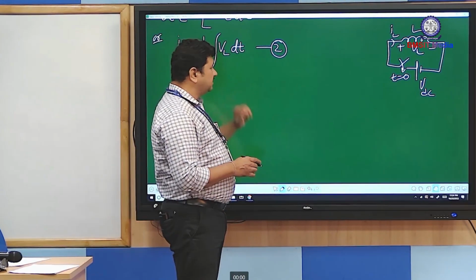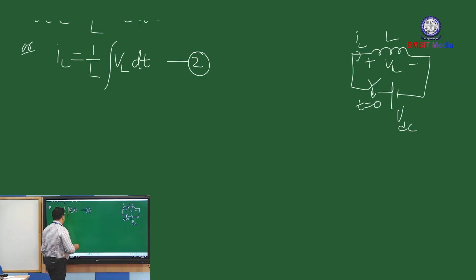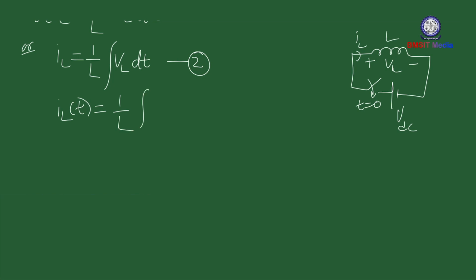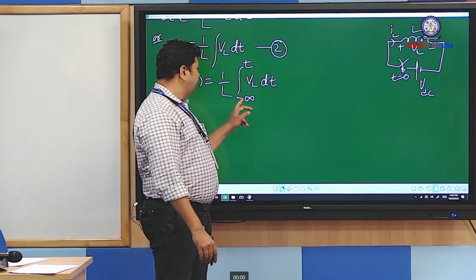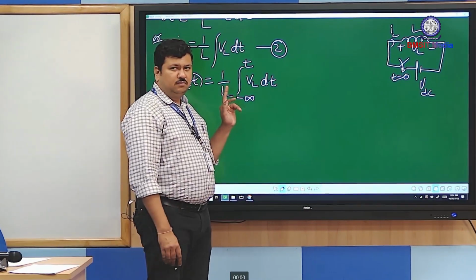So for the time limit of this integration, I will write IL of t equals 1 over L integration from minus infinity to some instant t of VL dt. Why is it minus infinity?